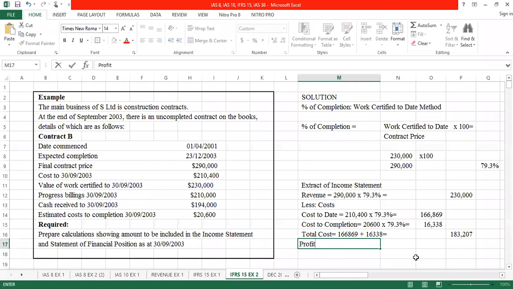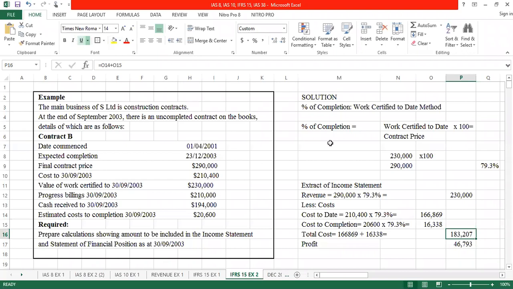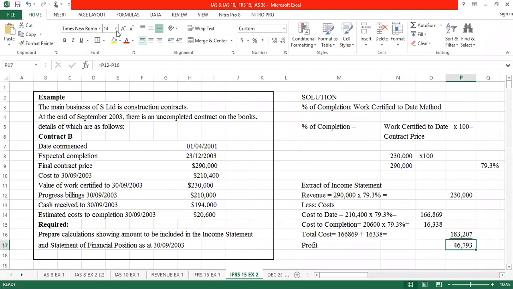Our profit will be 230 minus 183. So that is what goes to the income statement. I hope so far, so good. The person who was asking the question, so far, so good.